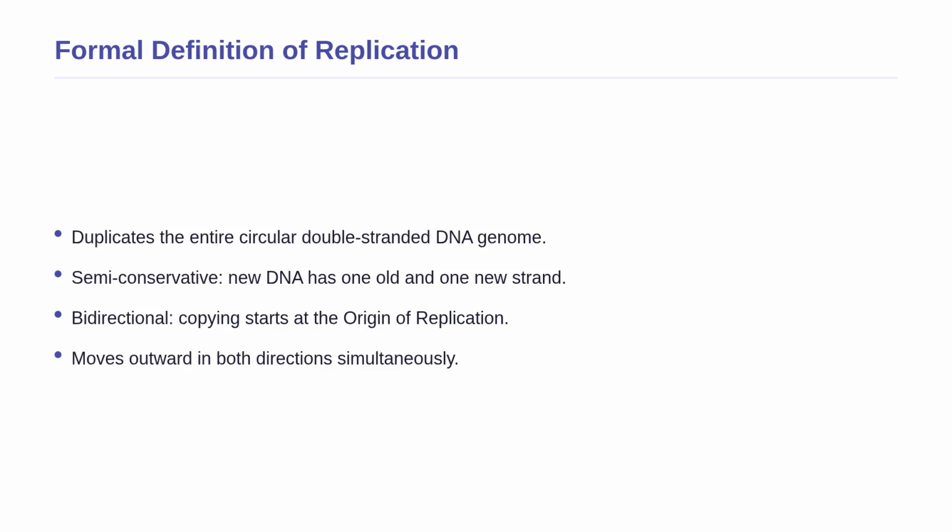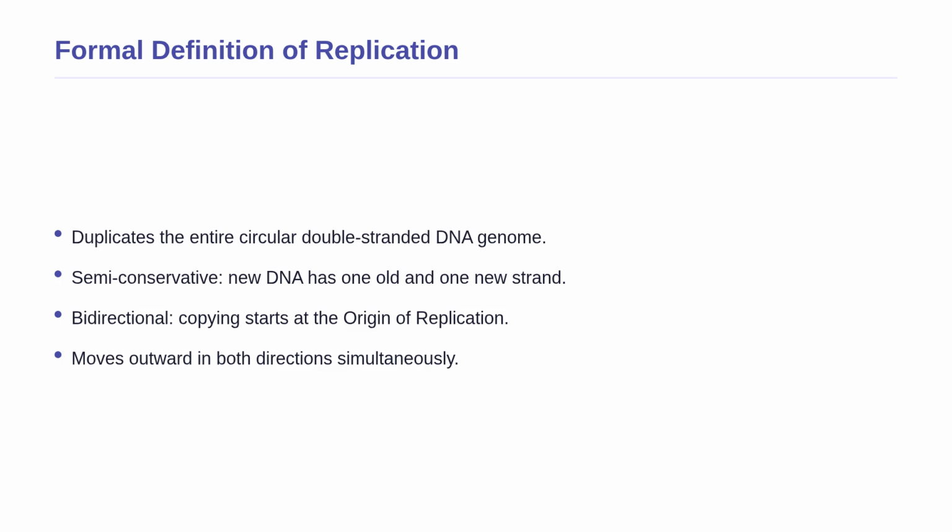Now that we understand the basic goal, let us look at the formal biological definition. Prokaryotic DNA replication is the process by which a single-celled organism, like a bacterium, duplicates its entire circular double-stranded DNA genome. We describe this process as semi-conservative.